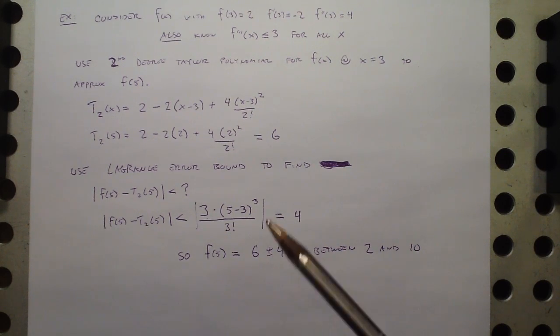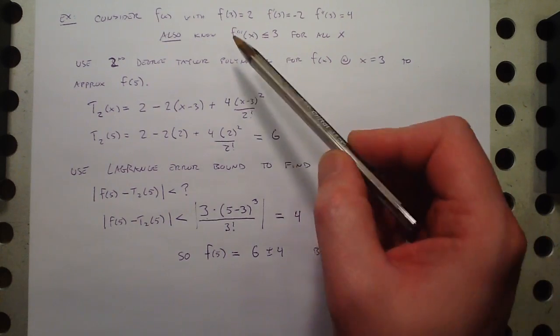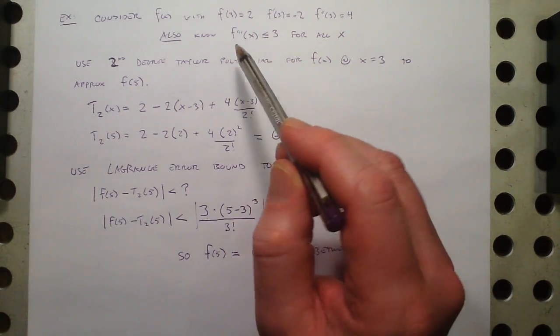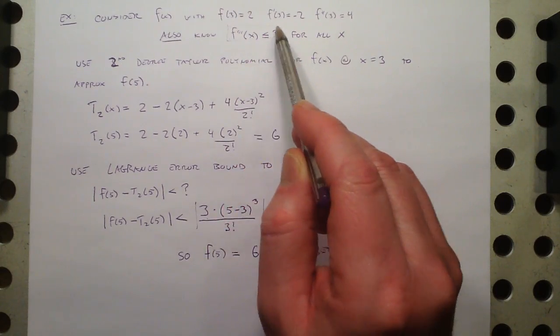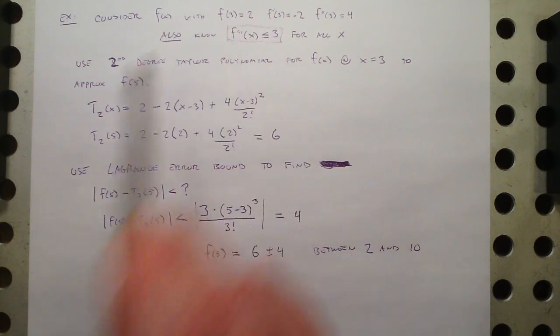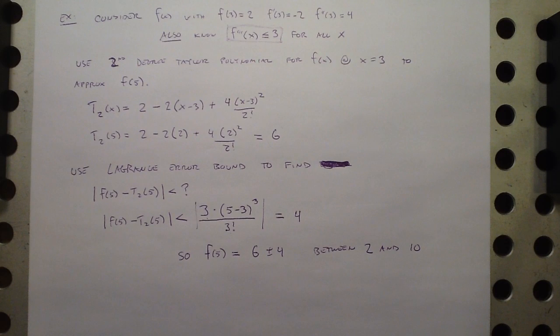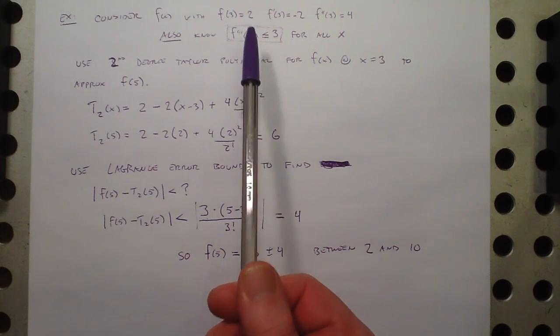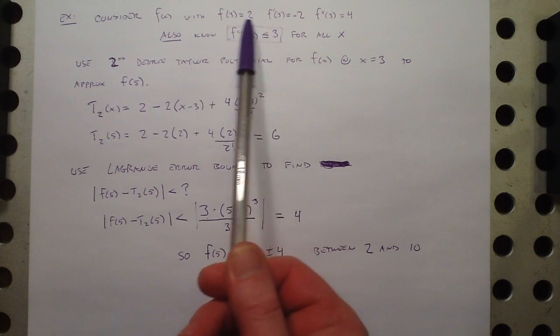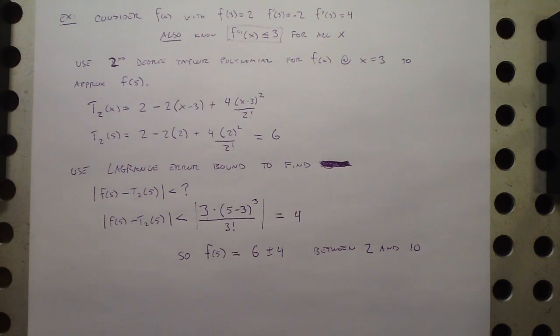And in different kinds of contexts, you just have to be aware that if somebody mentions the Lagrange error bound, there has to be some way for you to know this cap on the next derivative. And I have seen, and you probably will see at some point, problems where that information was given in the form of a table of data, and you had to find that in the table of data.